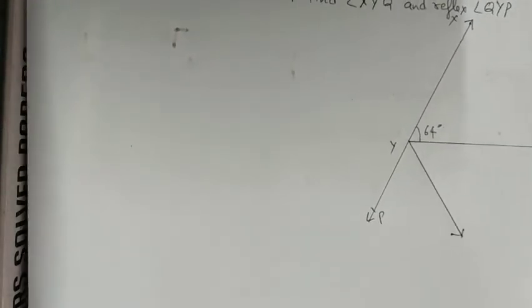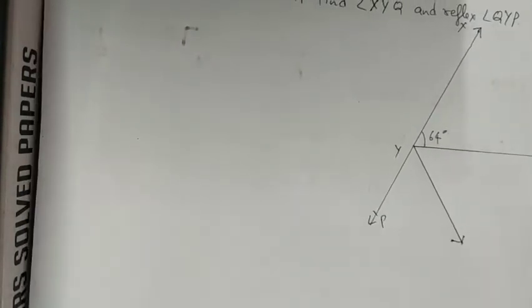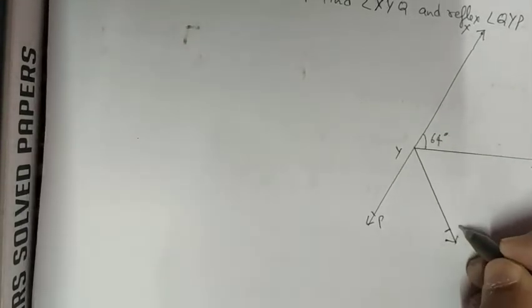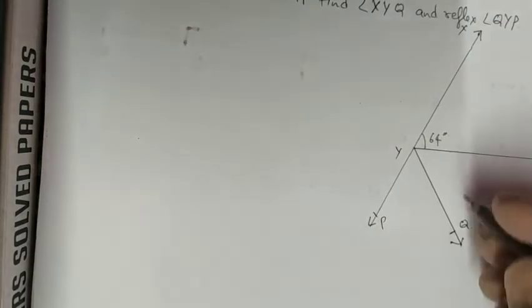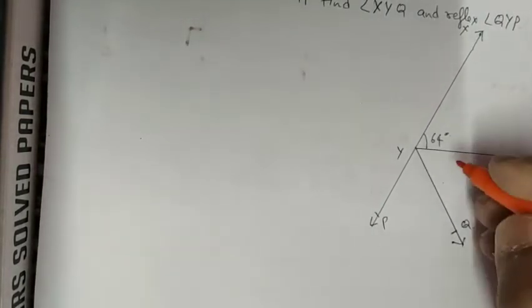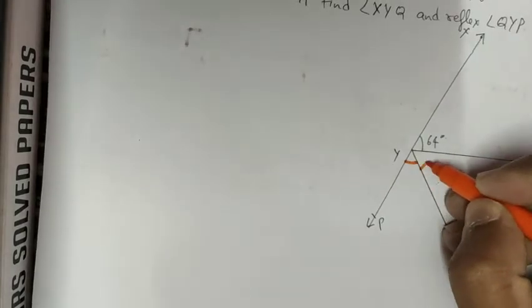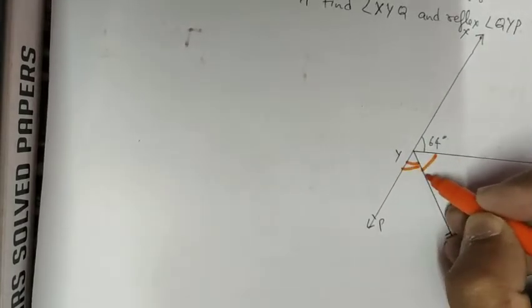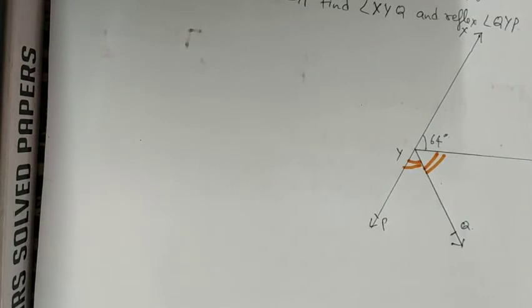This is ZYQ, so this point will be Q. So this is bisecting, which means this angle will be equal to this angle. These two angles will be equal. Now we have to find angle XYQ and reflex of angle QYP.